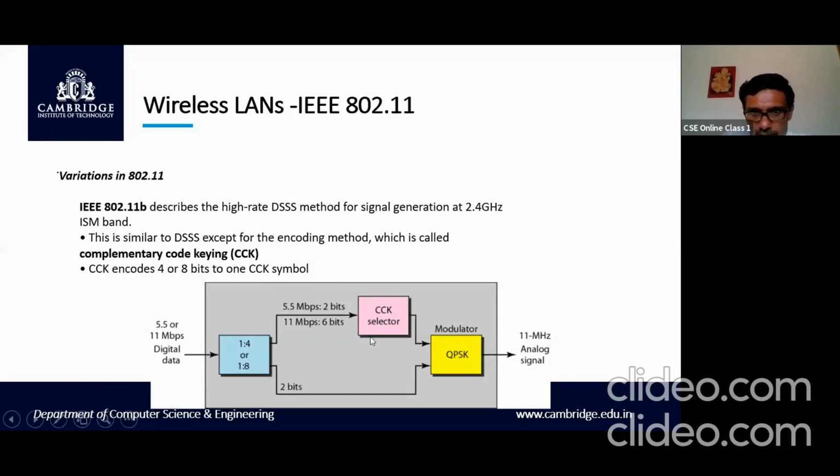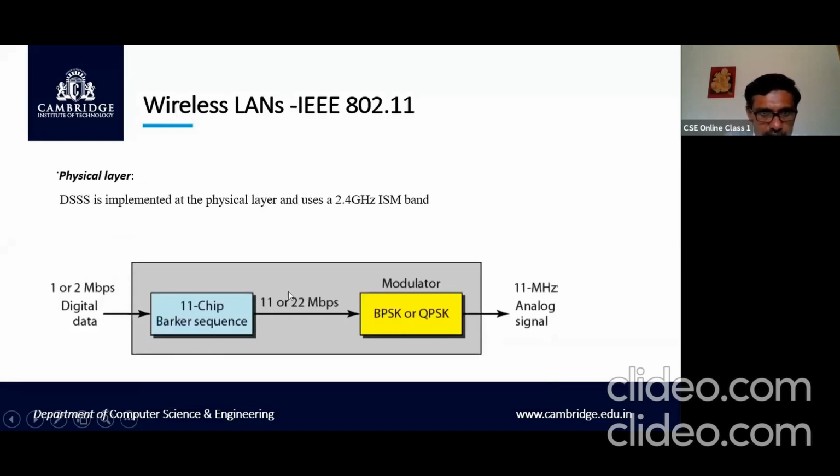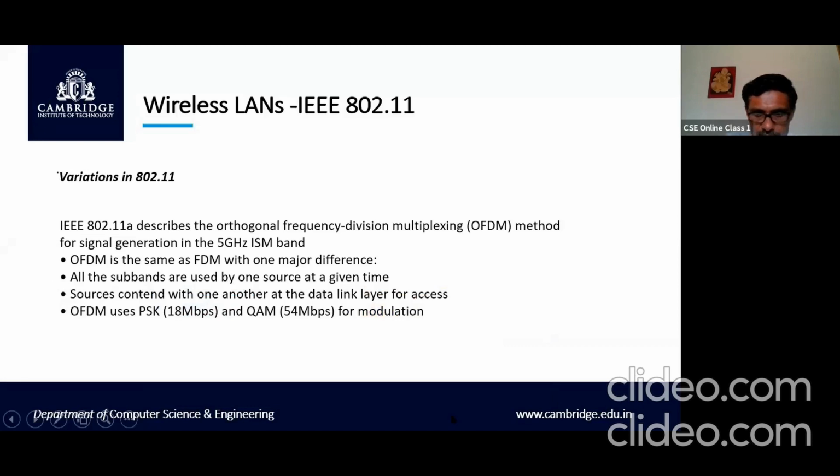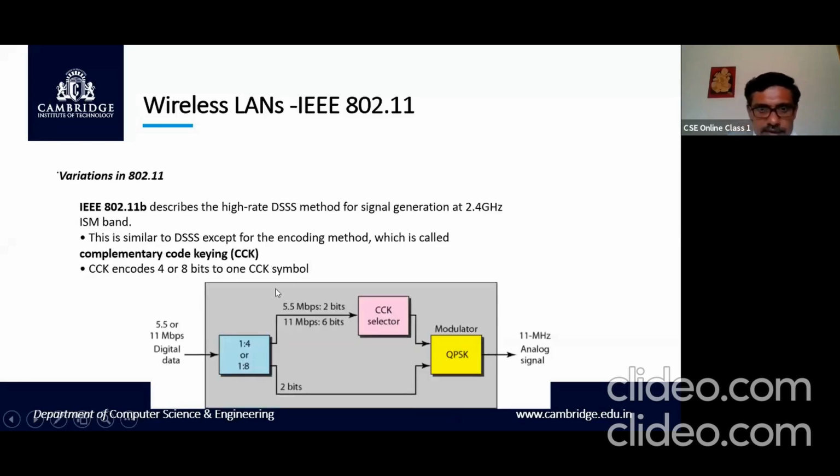A complementary code keying selector is used here, with 5.5 or 11 Mbps as the input. So before this, in this place, this particular thing is used.